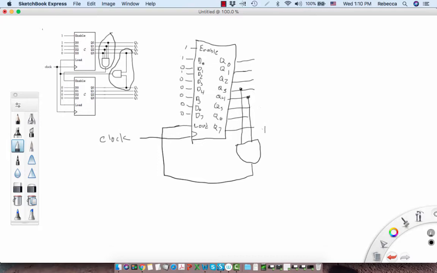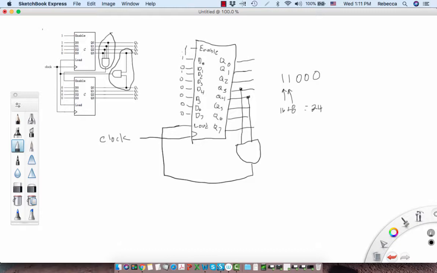So let's see when Q3 and Q4 would both be 1. That would be 1, 1, 0, 0, 0. This represents the 16's place, this represents the 8's place. So when both 16 and 8 are 1, and 16 plus 8 is 24, it's going to count until it gets to 24, and then it's going to load.